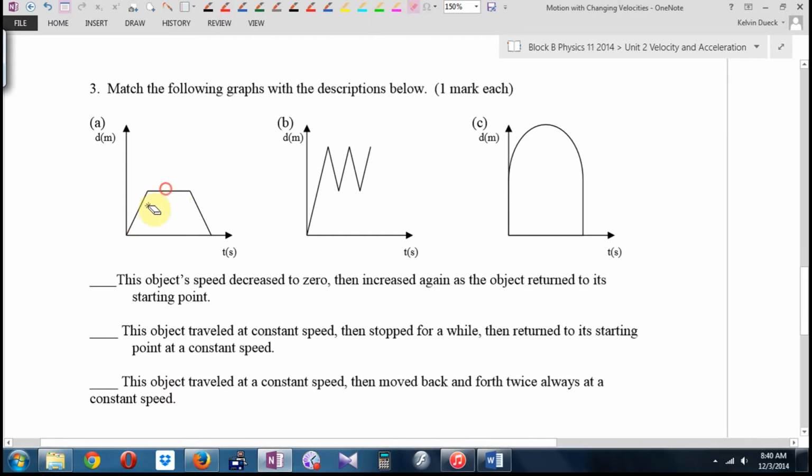I'm not so wild about that one. You know what? Maybe we're looking at decreased to 0 for a split second right there. If we drew our instantaneous slope by laying a ruler down, I think it's horizontal. Oh, and then it returned back to its starting point, which I guess would be position 0.